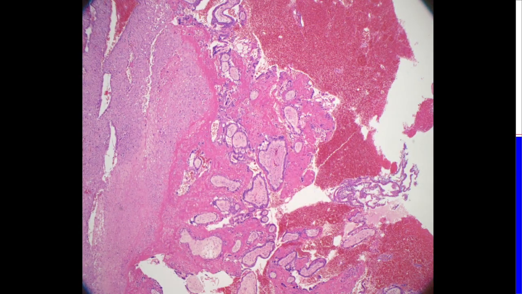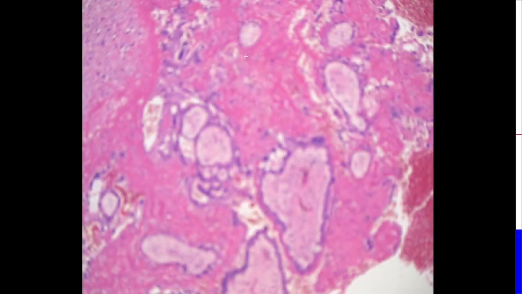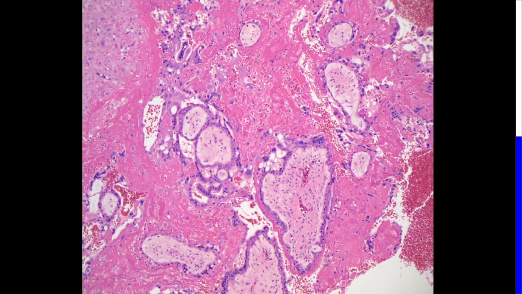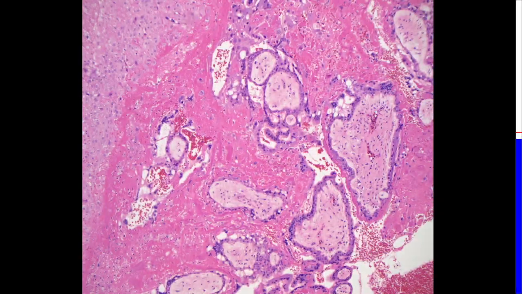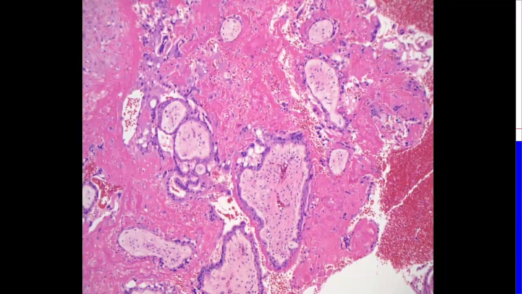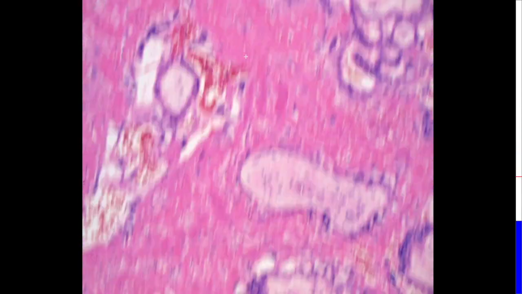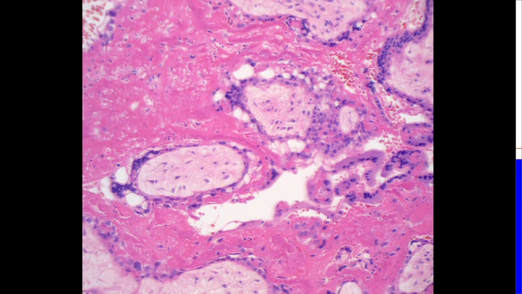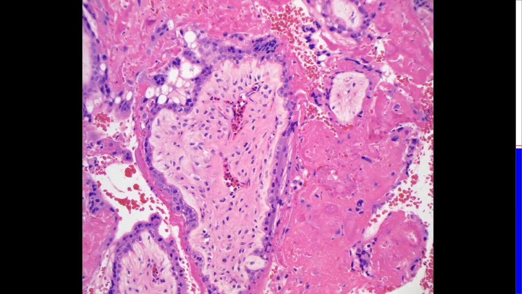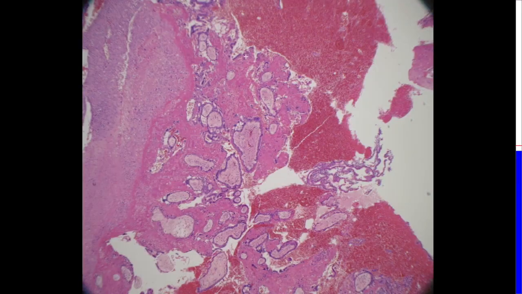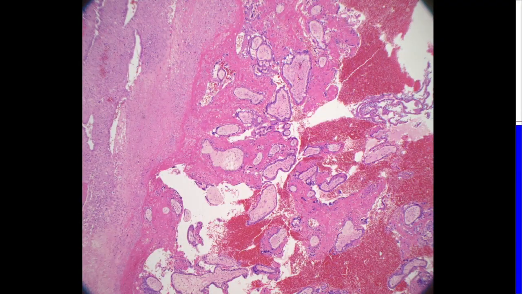As I said, you can see very focal increase in perivillous fibrin due to retention, but usually in those cases the villi will show degenerative changes, while these villi here show no degenerative changes. They're very normal looking villi, right? Look at the vessels, very well preserved, minimal, if any, involutional or degenerative changes.